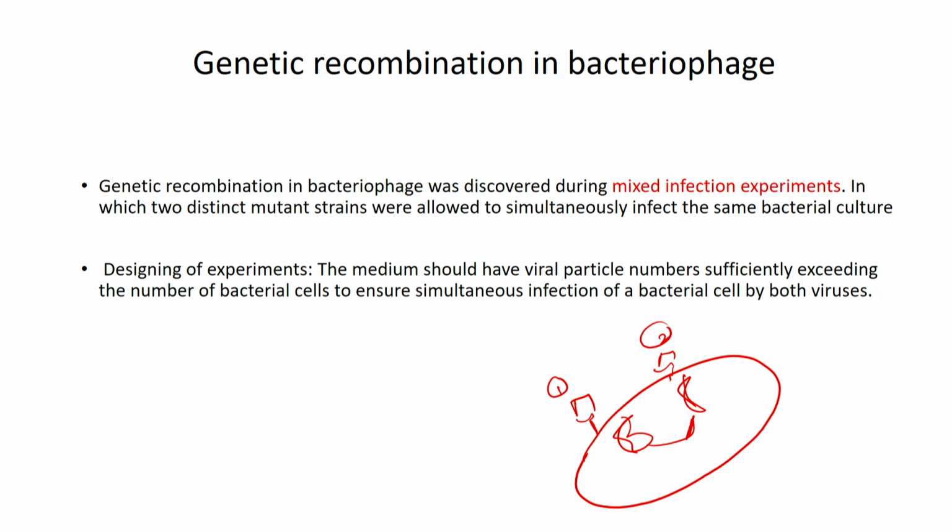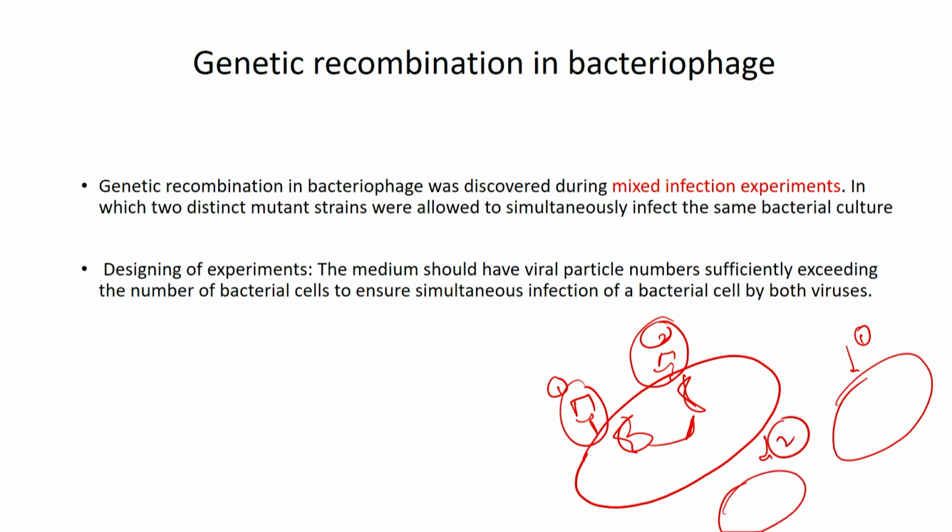So two mutant strains, 1 and 2, were allowed to simultaneously infect the same bacterial culture. And how do we do this kind of experiment? When you design this kind of experiment, you need a sufficiently high number of infecting viruses. Otherwise, one bacterial cell will get one virus, and another bacterial cell will get the other type.